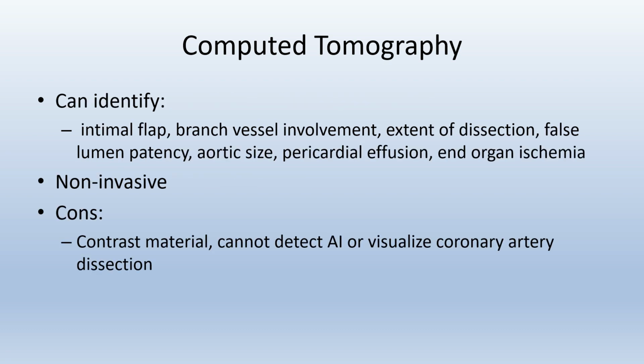CT can identify the intimal flap, branch vessel involvement, extent of dissection, false lumen patency, aortic size, pericardial effusion, and end organ ischemia. Cons: the contrast material, and it cannot detect AI or visualize coronary artery dissection.